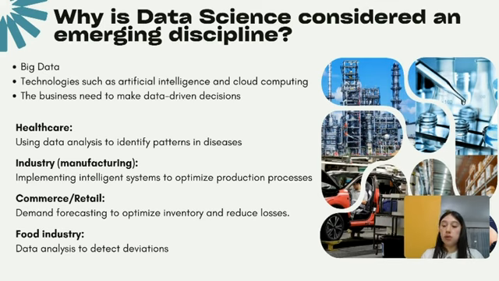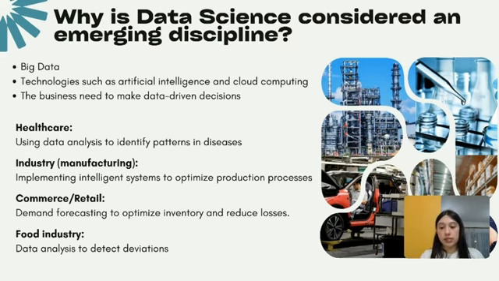So I want to talk about some examples. The first one is healthcare. In this case, you can use data analysis to define patterns in different diseases and save lives. Another one is industrial manufacturing, where intelligent systems are implemented to optimize processes. Another one, commerce and retail, is basically related with demand forecasting to optimize inventory and reduce losses.